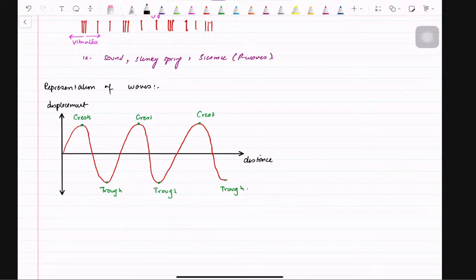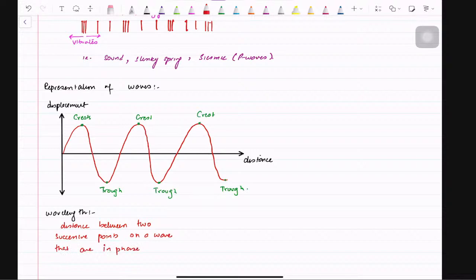So the first thing we can find using a wave, this is given by displacement and distance, is wavelength. And wavelength can be defined as the distance between two successive points on a wave that are in phase.